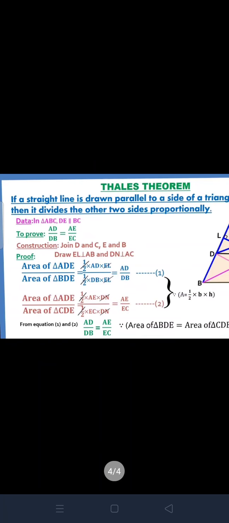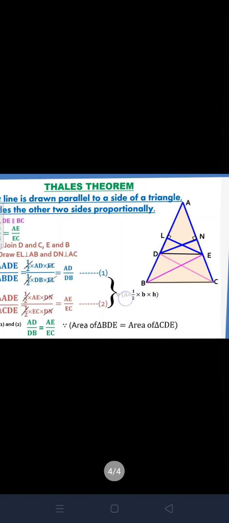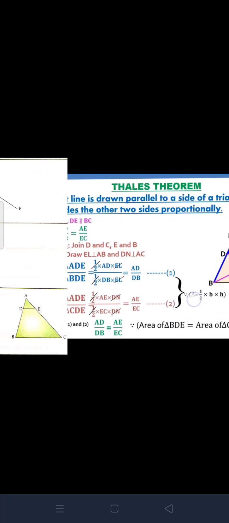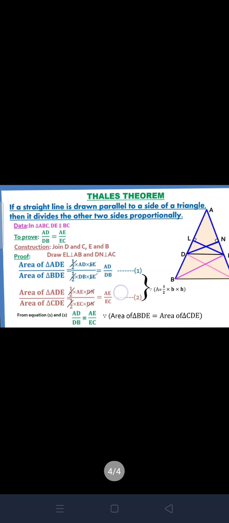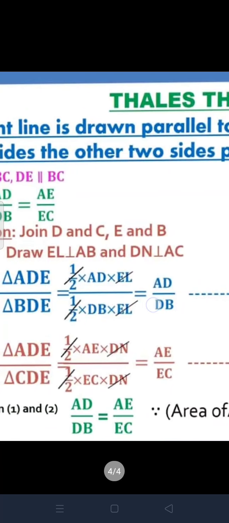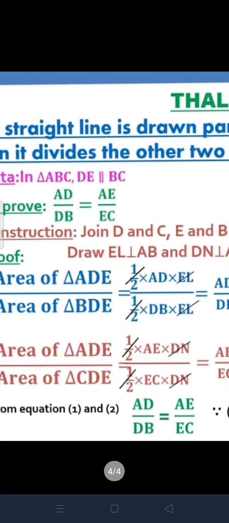Let's read the theorem once. If a straight line is drawn parallel to a side of a triangle, which is side BC, then it divides the other two sides proportionally. That means we have to prove here AD by DB is equal to AE by EC. Understood?